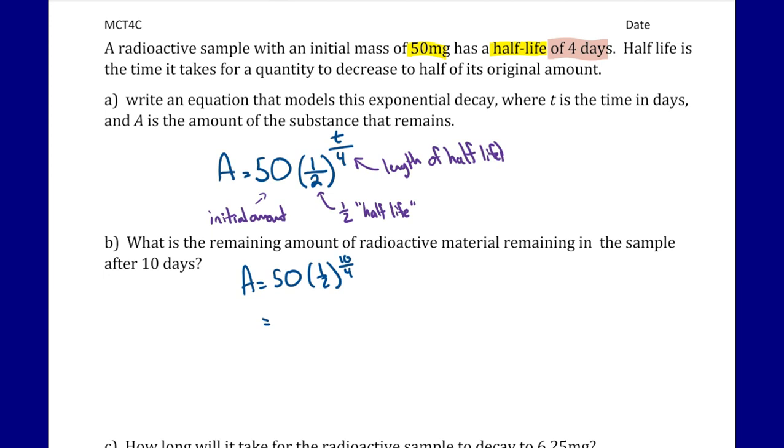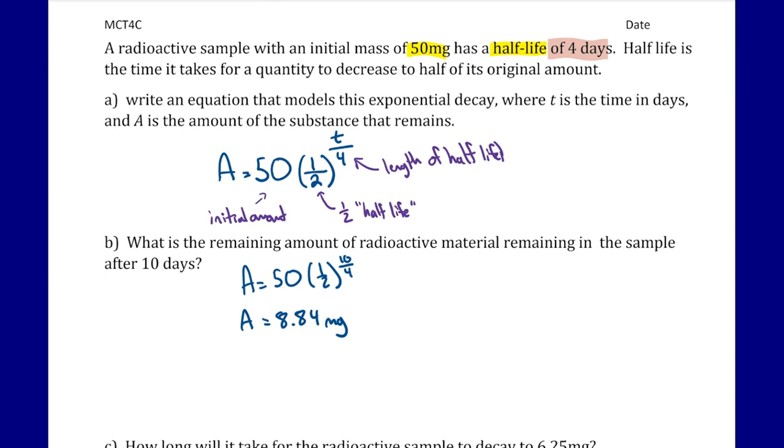This just becomes a calculation: 50 times 0.5, or half, raised to the power of 10 divided by 4. We get 8.84 milligrams is what is remaining.